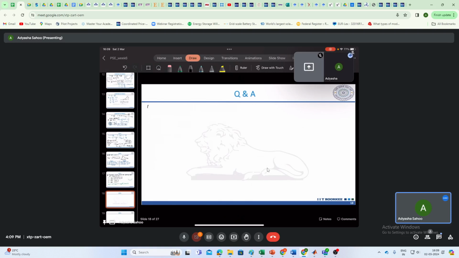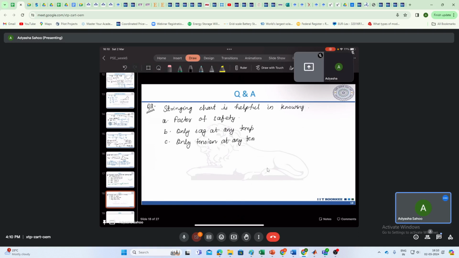Now coming to question 2. Stringing chart is helpful in knowing: factor of safety, only sag at any temperature, only tension at any temperature, or both sag and tension at any temperature.